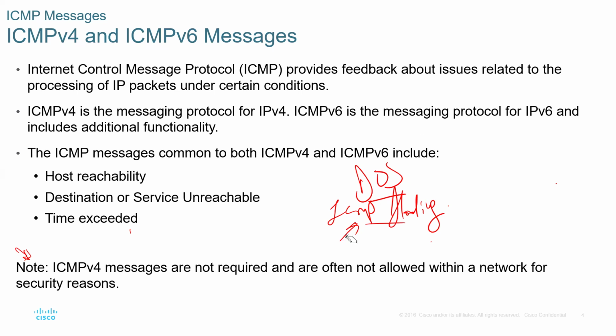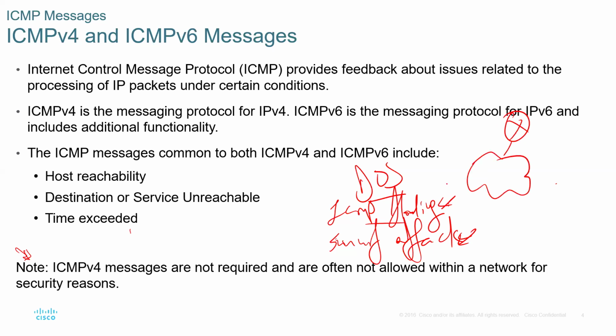We also have the SMURF attack. With this one, it's usually the destination device being flooded, but here we have the attacker sending a ping request to a broadcast address on our network. The attacker gets the broadcast address, then sends a ping request with the destination address being that broadcast address.